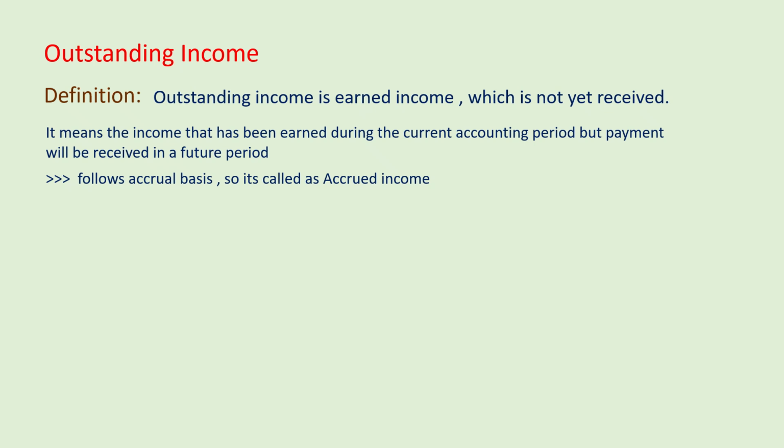If you incur expenses or earn income, it has to be represented in the current accounting period, even if you do not receive the amount at that particular time, because that amount will be received in the future. So you got the idea. That's why outstanding income is also known as accrued income.